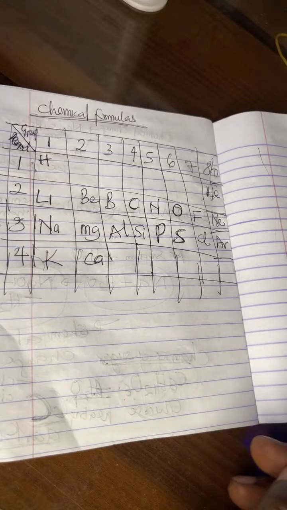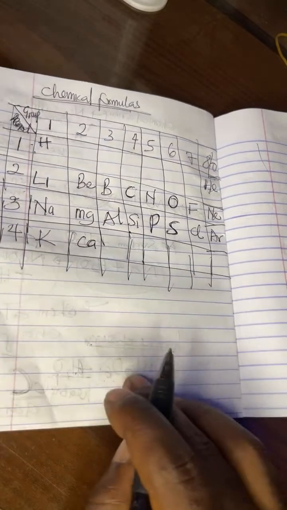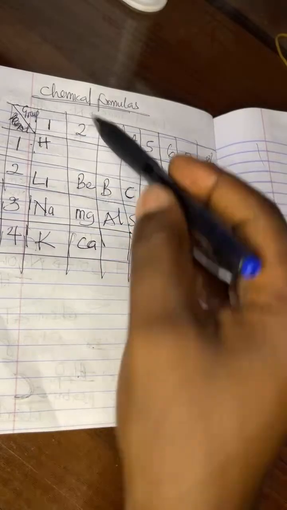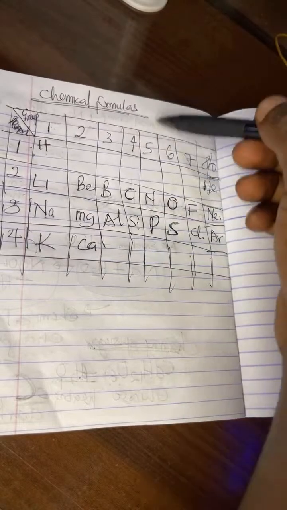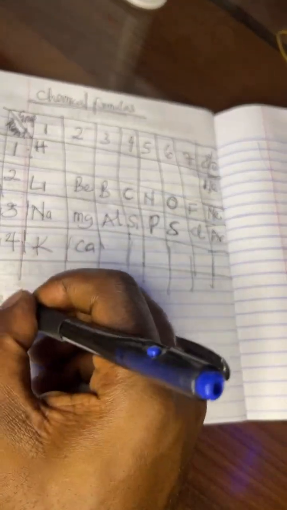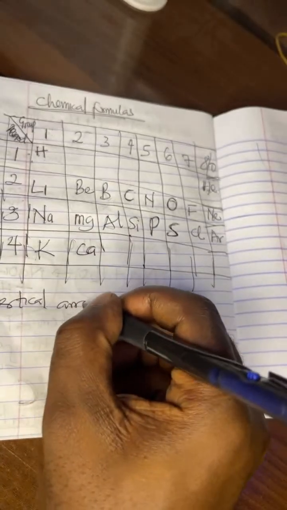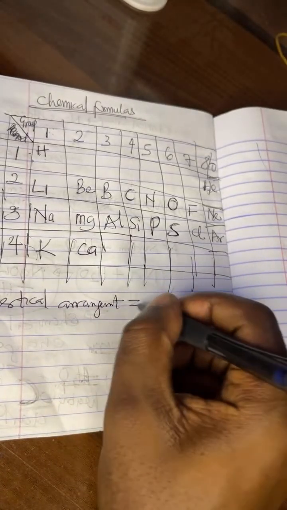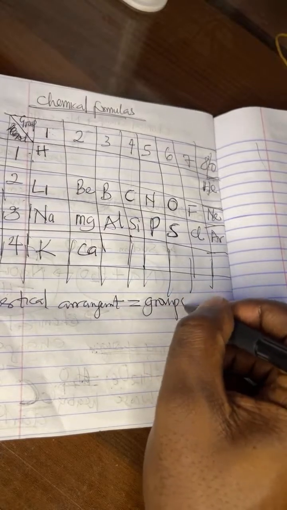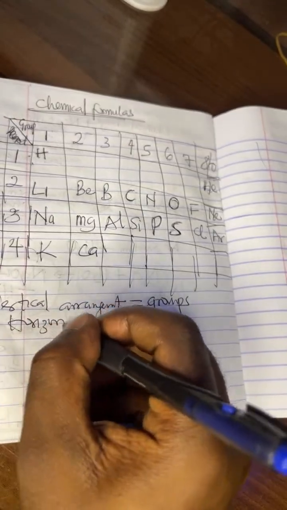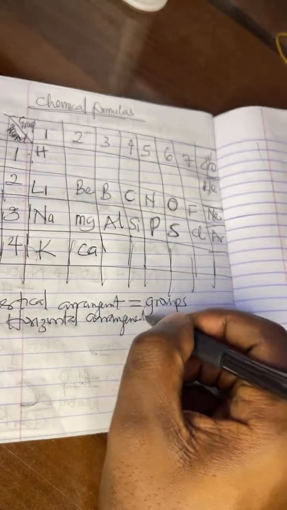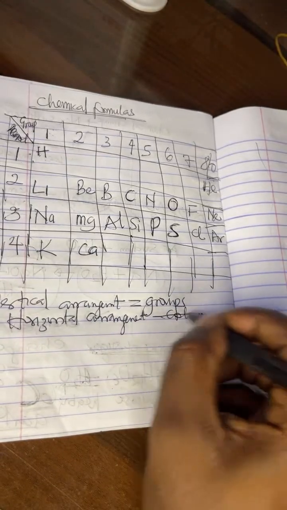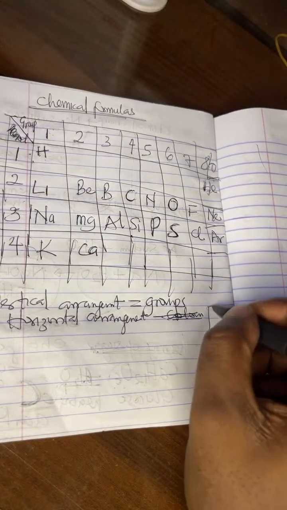Can you see that? So that means these are the first 20 elements. So I already told you that these are the groups. So the vertical arrangement is the groups, while the horizontal arrangement is the period.